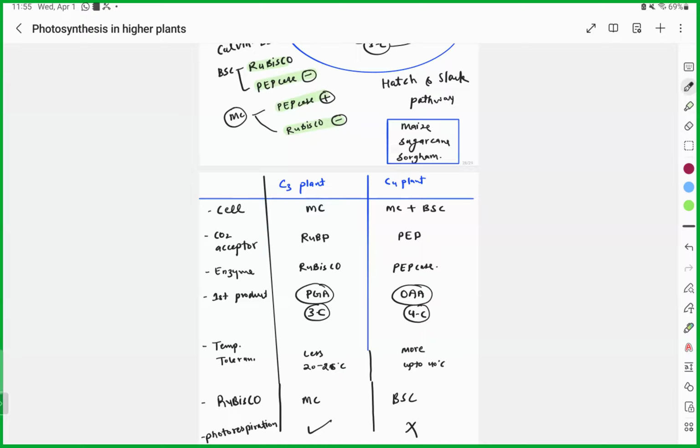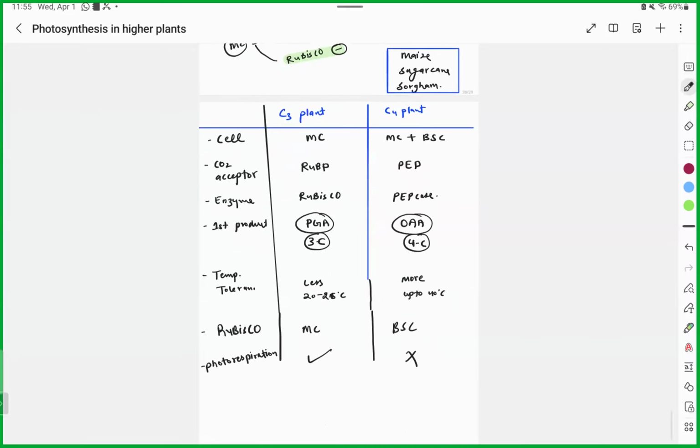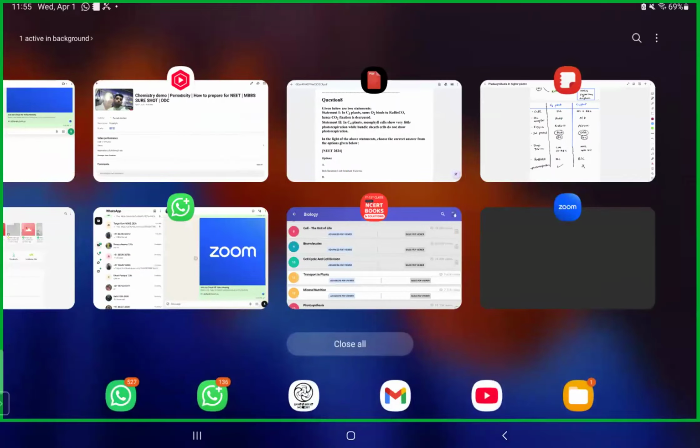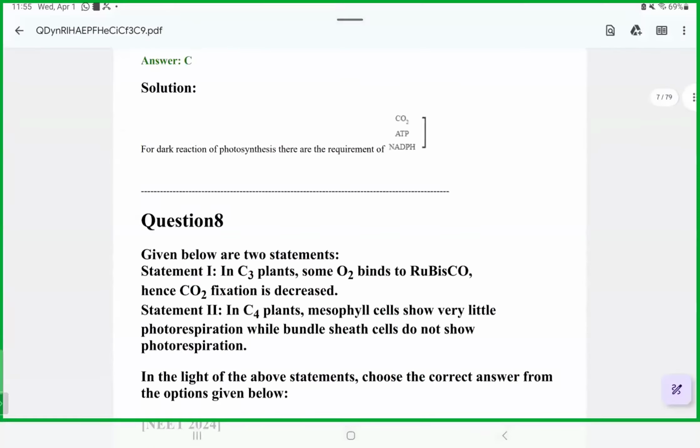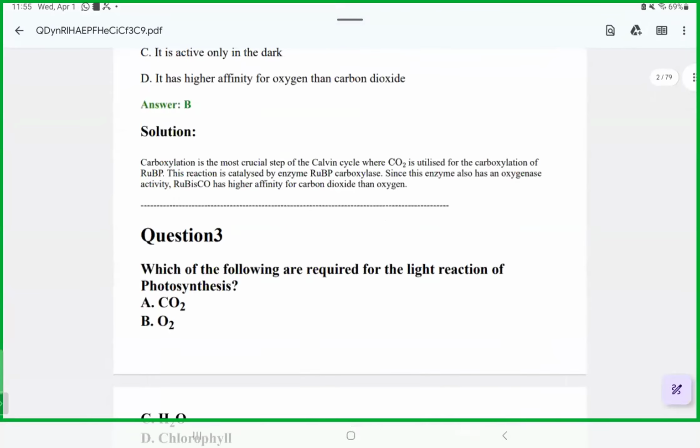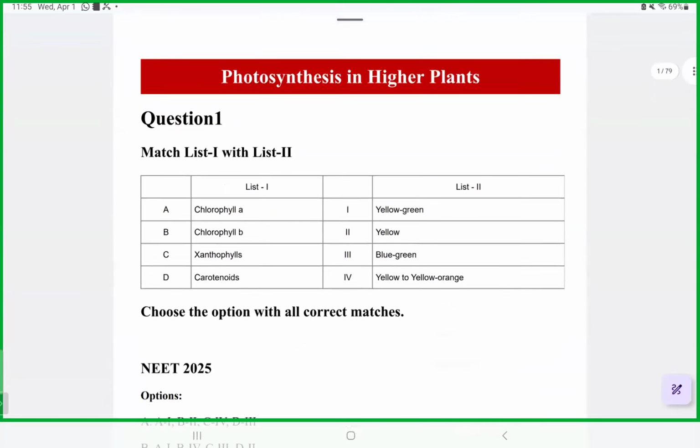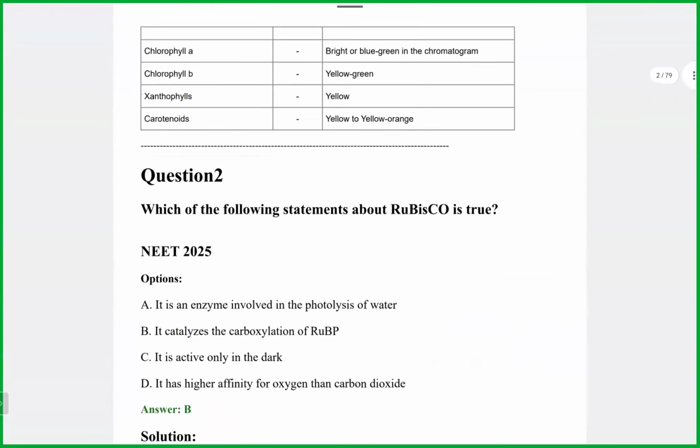Both are very easy and straightforward. No understanding is required in factors affecting; Blackman in 1905 is important. If you are done with this, see the questions. I will show you from the beginning. Very first. This part we'll do later.